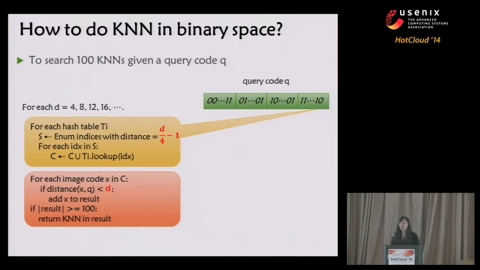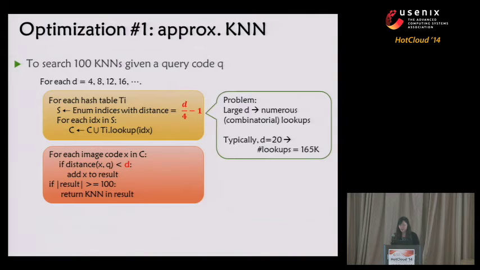Now we can see the reason why we cut the binary code into 4 pieces is to reduce the number of entries to be enumerated. However, this number of lookups is still enormous.